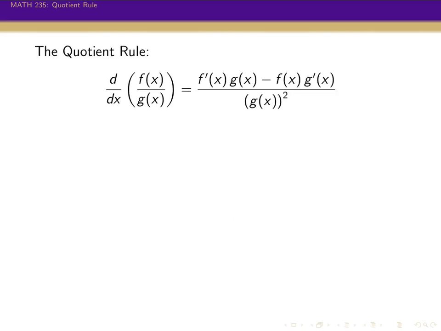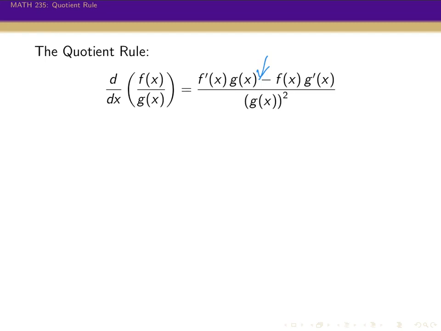Okay, and so here it is again. The derivative of f of x over g of x is equal to the derivative of the top times the bottom minus the top times the derivative of the bottom, all divided by g of x squared. And so the important thing to remember in this quotient rule is that it has a negative sign, a subtraction between these terms here, and that it's g prime that is getting subtracted away.